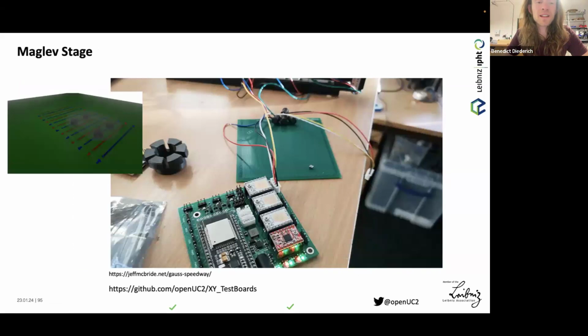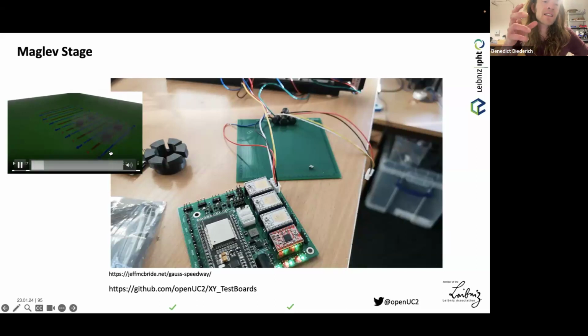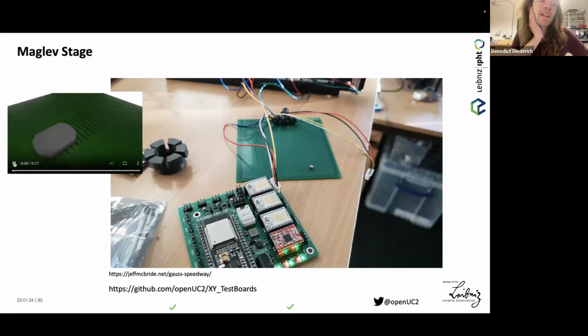So the next iteration, and that's also work in progress, so it's not published or anything, but just to give out some thoughts on what's out there. I think maglev is not a big thing in the US, at least. Here in Germany, it was for a short period of time, and now it's not anymore. Nevertheless, it works by having a magnetic field that's essentially alternating, and then maybe you have a constant magnetic field.